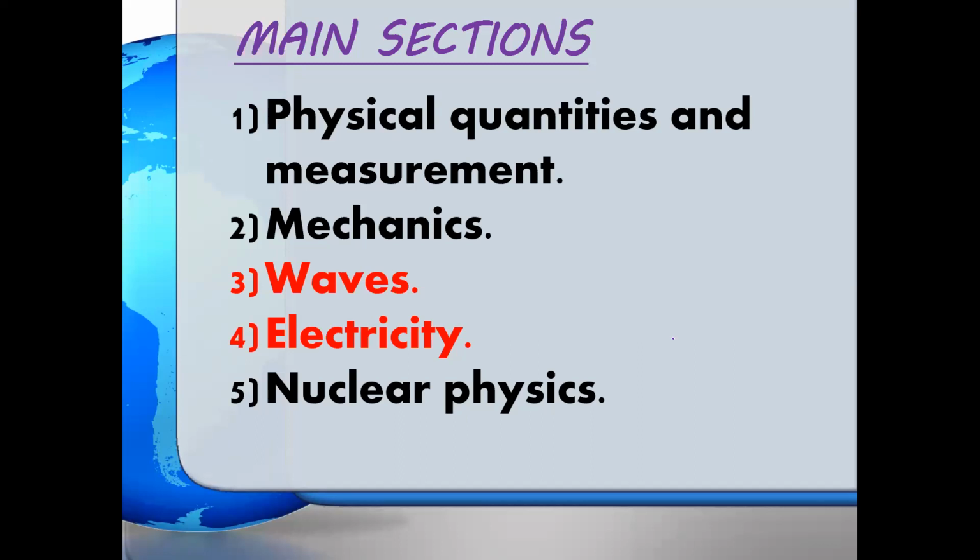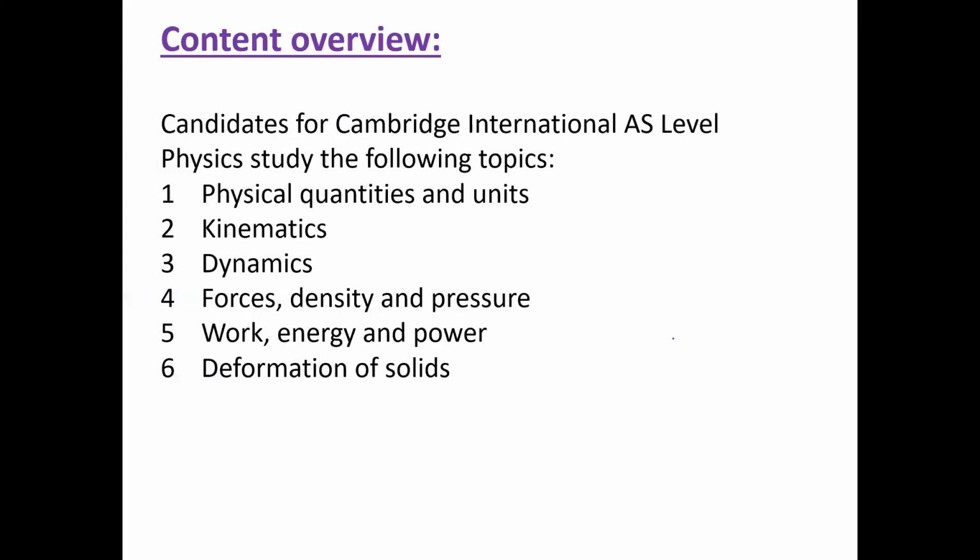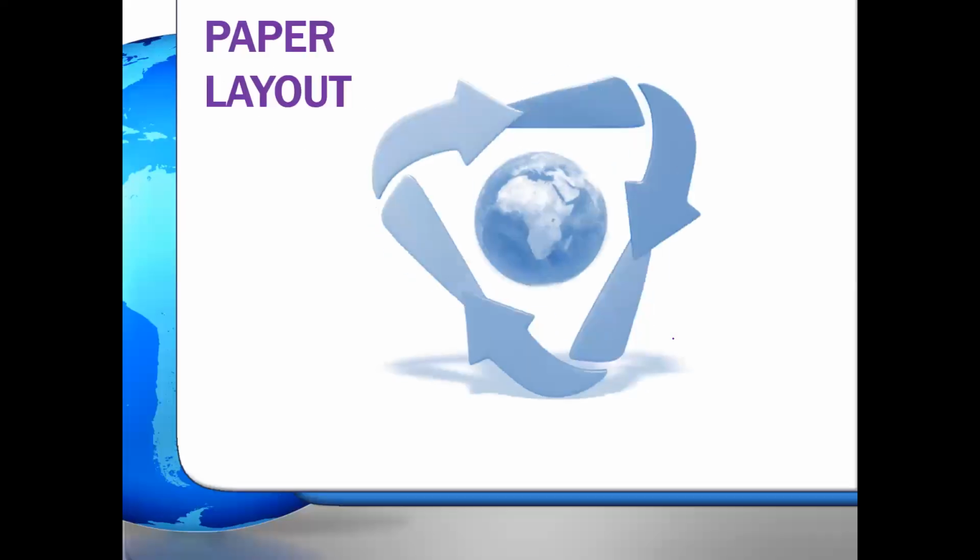The last section is called nuclear physics. So these are 5 sections in A-level physics. The chapters are physical quantities, kinematics, dynamics, work energy power, deformation, waves, superposition, electricity, DC circuits, particle physics. There are 11 chapters in your course.